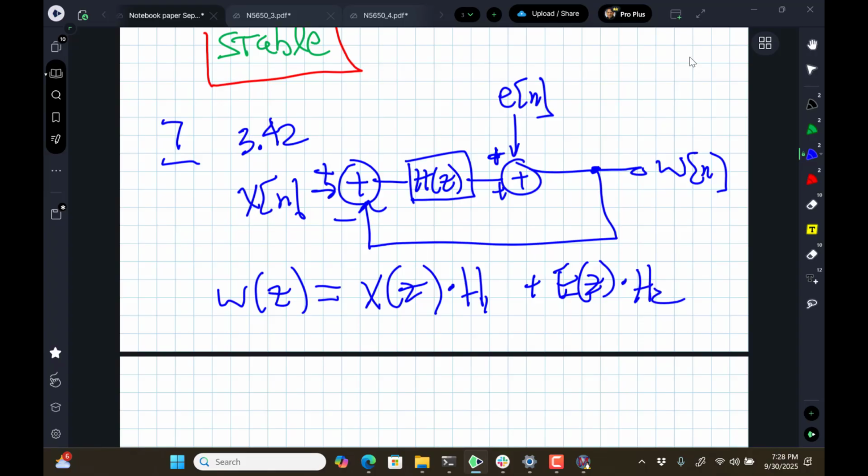And the way you work the block diagram problem is you use superposition. So start the problem by, say, turning off E of Z. Don't let it be running, and just apply this, and then work your way over to W. So call it W1.